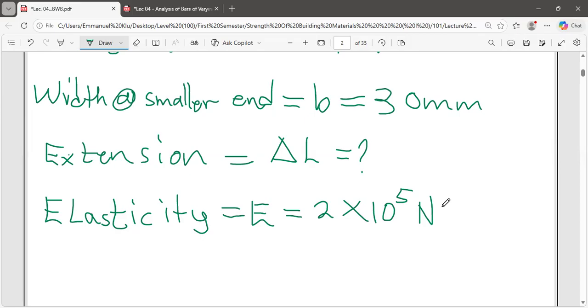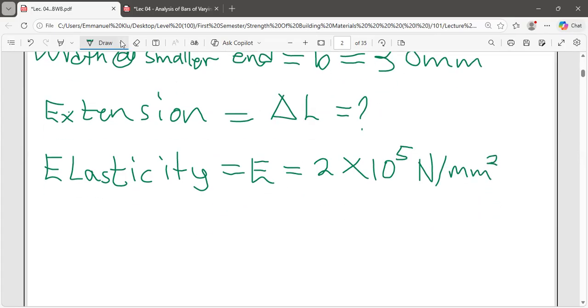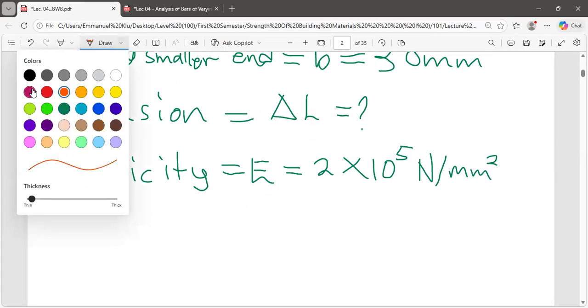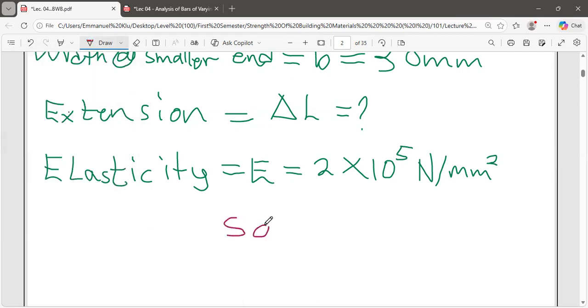Okay. So finally, we can move to our solution, quote our formula, and then we proceed. So this is our solution.